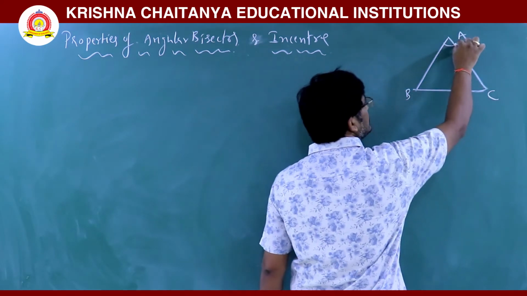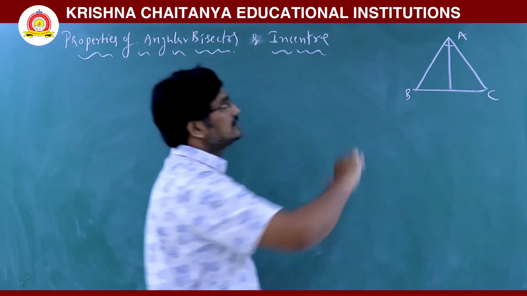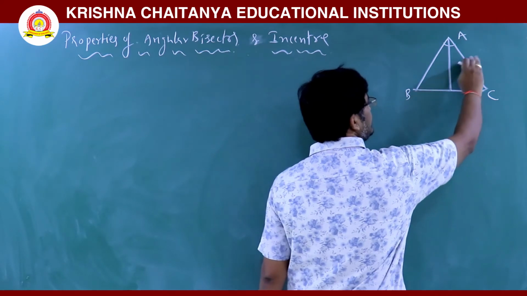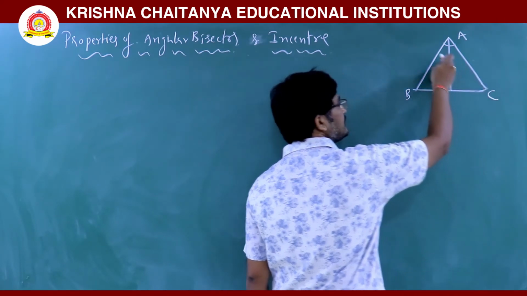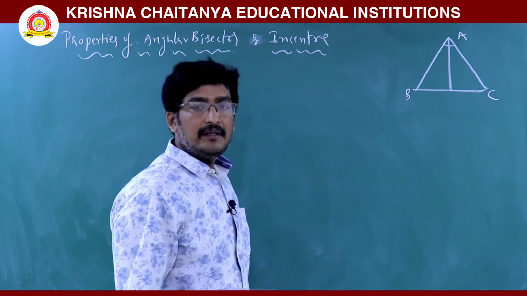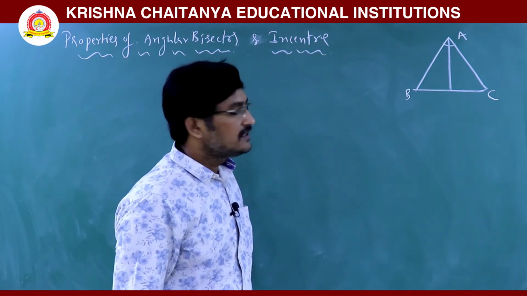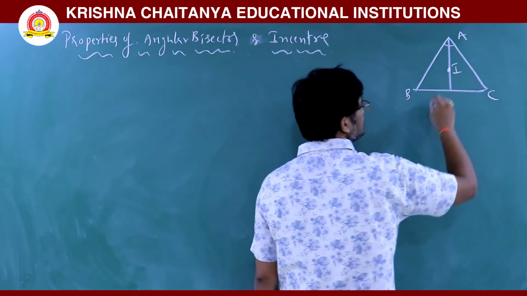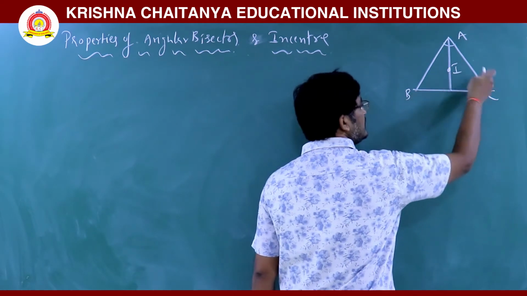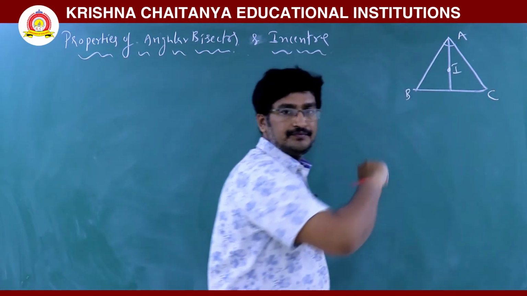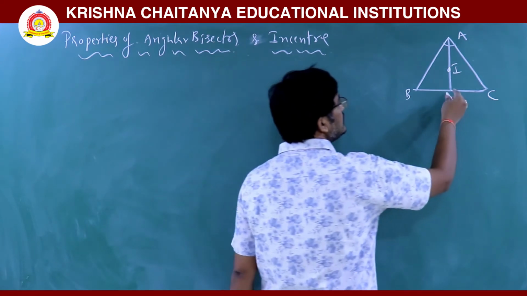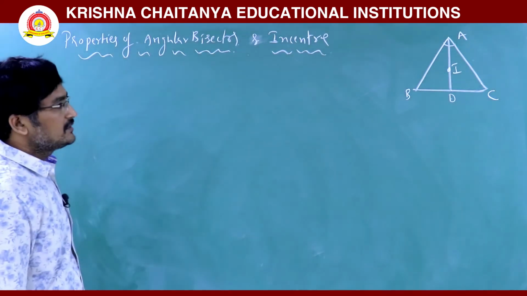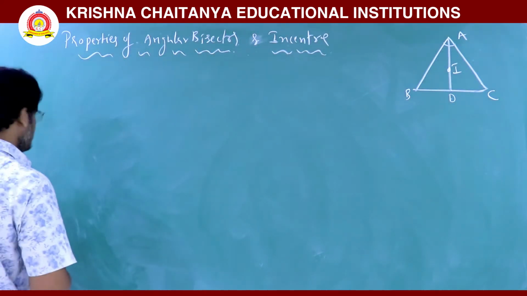This is the angular bisector of A. This is the angular bisector of B, this is the angular bisector of C. Those three meet at a point, that is by definition the incenter, denoted by I. That means the angular bisector of B passes through I, the angular bisector of C passes through I. This is D. Let me get into the theorem to discuss the properties.